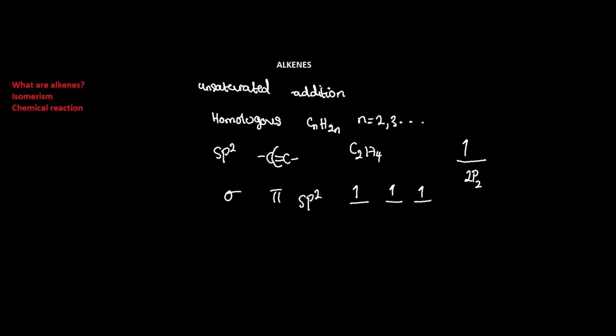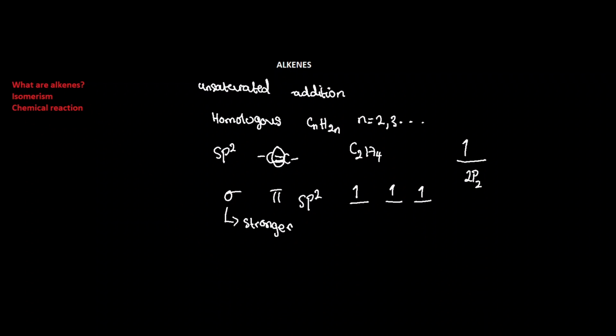Okay, so of these 2 bonds in the double bond, one is a sigma bond and one is a pi bond. Now, generally, sigma bonds are stronger than pi bonds. So the presence of this pi bond makes alkenes more reactive than alkanes. Now, let's take a look at how the bonding takes place.